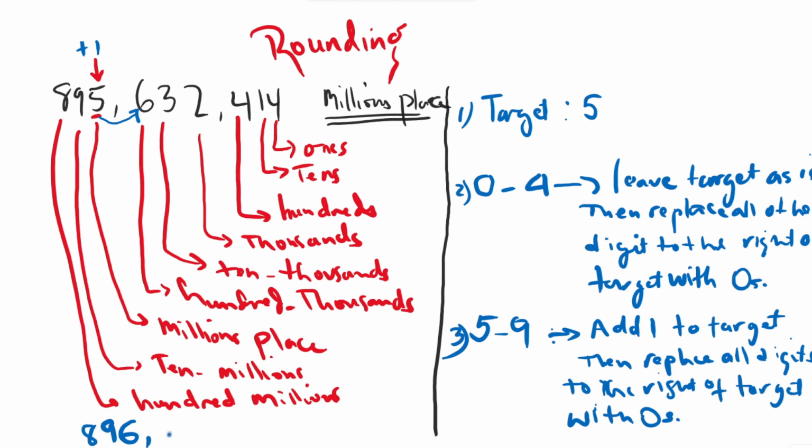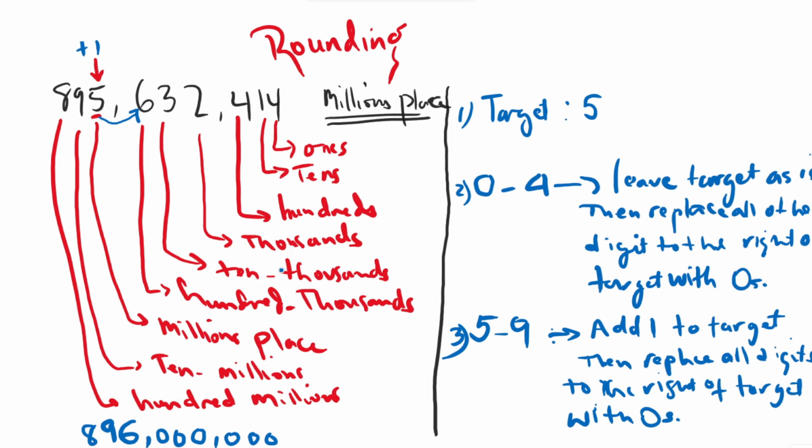We get 0 for the 6, 0 for the 3, 0 for the 2, 0 for the 4, 0 for the 1, and 0 for the 4. And now your number is 896 million. So basically, you have rounded this number to the millions place.